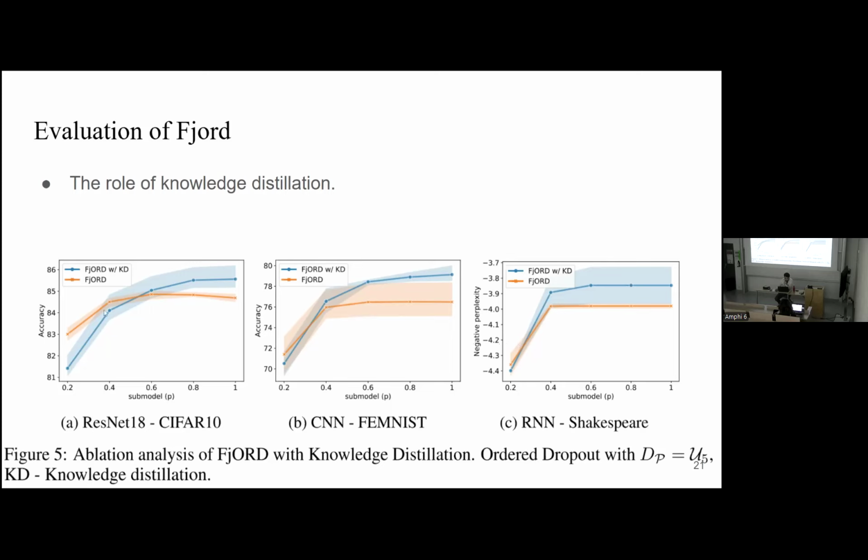But for example, here, if we compare, you can see that without knowledge distillation, the smallest model actually achieved higher accuracy. And the benefit actually came to the biggest model rather than the smallest one.